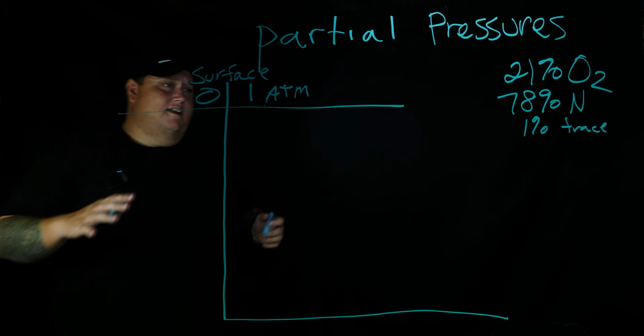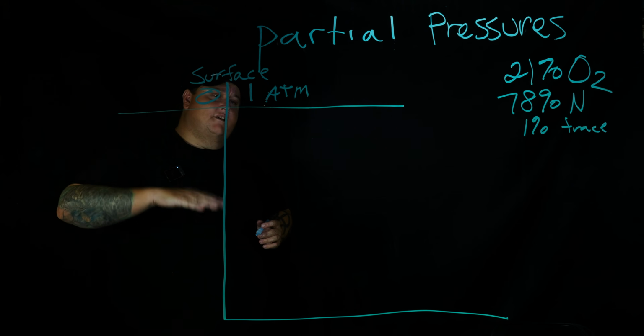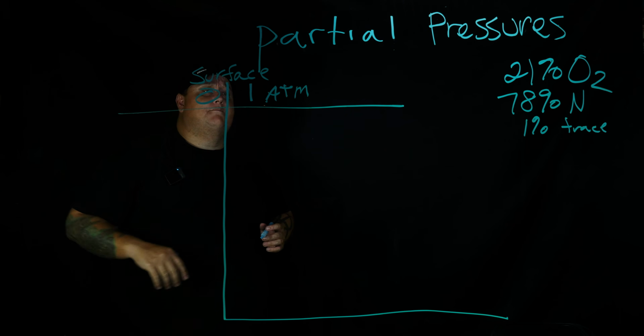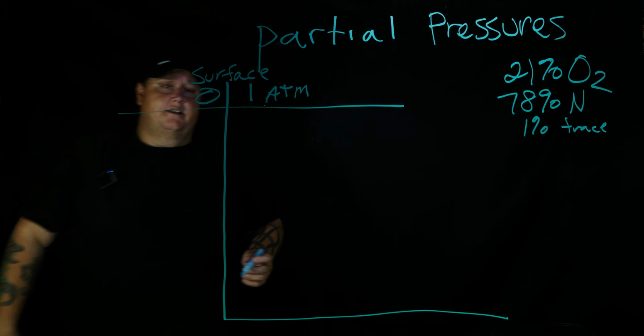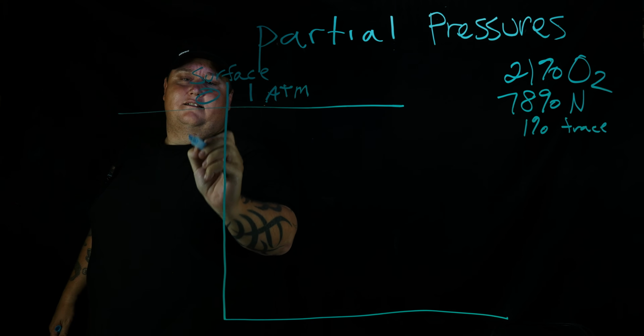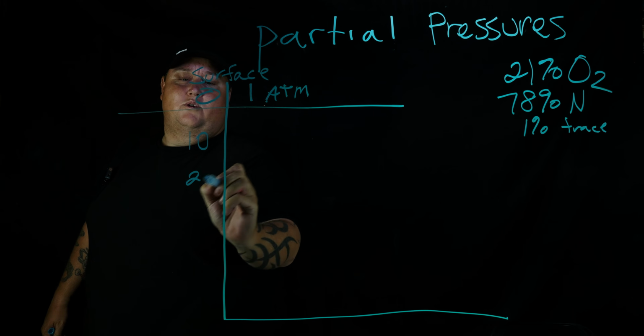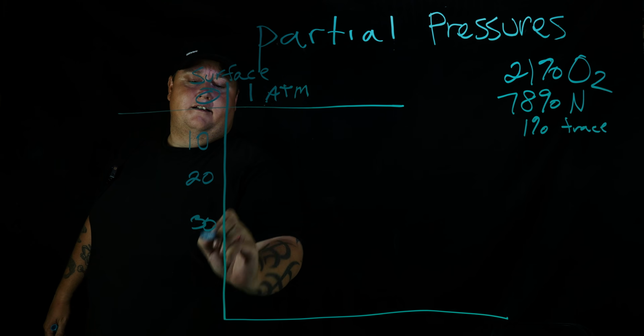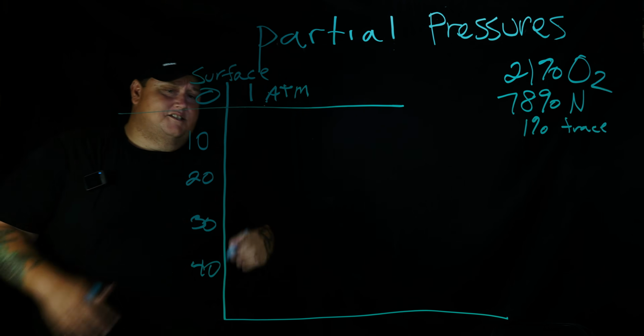Now, if you remember right, every 10 meters, we get 1 more atmosphere of pressure, right? Or 33 feet if you do that. So 10, 20, 30, 40, and so on.